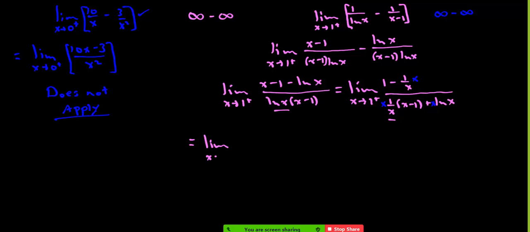I've got the limit as x goes to 1, and I need to multiply the top by x as well, so I've got x minus 1. And down here, I've got x minus 1 plus x log x.